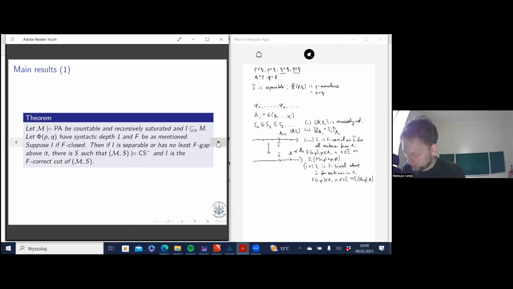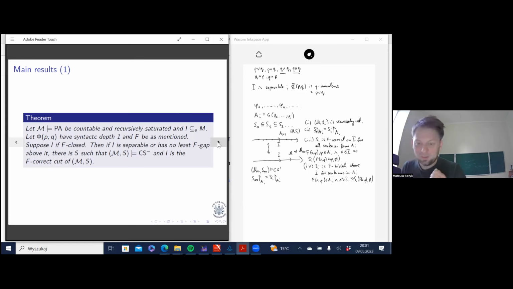Let me call this model M_infinity. This model M_infinity will carry a satisfaction class S_infinity such that S_infinity agrees with S_i, your previous satisfaction class, on A_i.